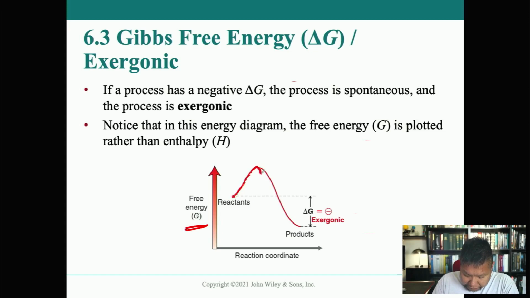You still have to overcome the activation energy, and you'll get your products. And this is very similar to an exothermic delta H reaction plot.